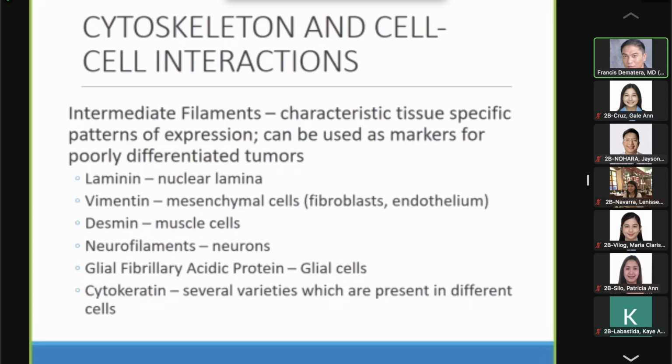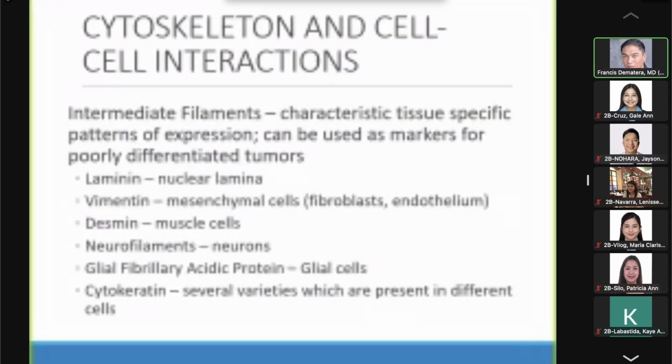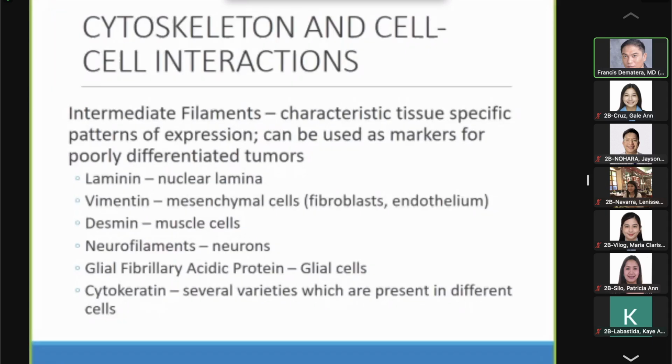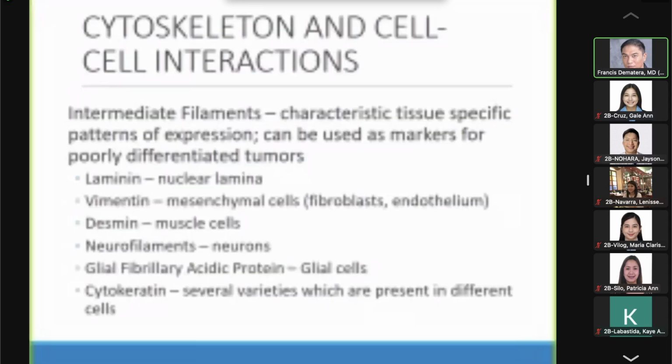Okay? Nabanggit din kanina in the lecture yung E-cadherin. This is used in gastric tumors and breast cancers. Usually, if you have, for example, benign breast tissue with suspicious areas of invasion, pwede mag-request ng E-cadherin ang pathologist para makita if there is loss of expression.